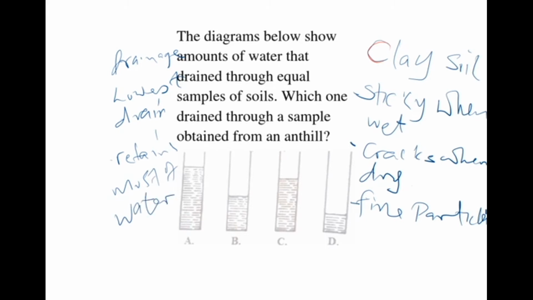Therefore, the correct answer there is D, because it has drained very little amount of water. Therefore, the soil has some water and it is sticky when wet. Therefore, it can stick together, forming the ant hill.